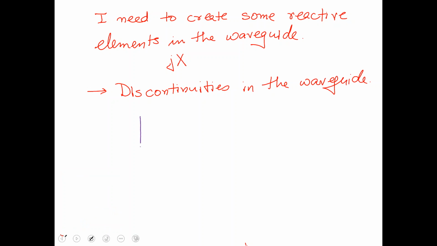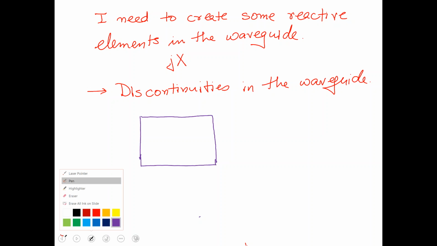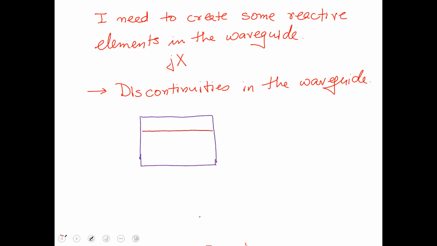Let's say I have a rectangular waveguide. What you do is you put a diaphragm with an iris in place, such that you basically put a conducting diaphragm right over here.